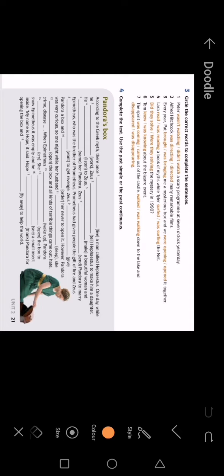Question number 5. Did they solve, did they manage to solve, or were they solving, were they in the middle of solving, the mystery in 1990? So I'm asking you, in 1990, did they solve the case? So cannot be ing right, so the answer is did they solve.